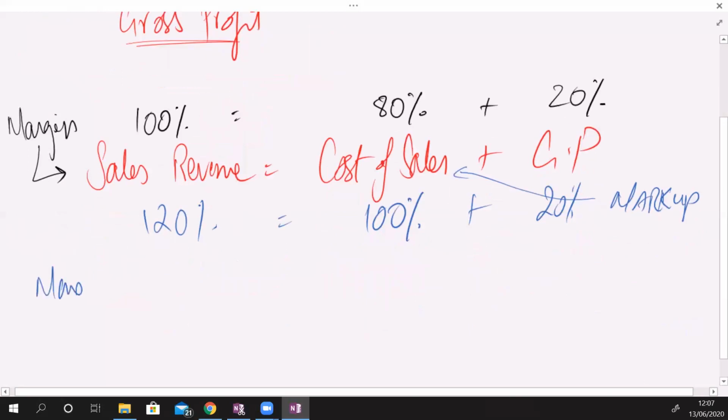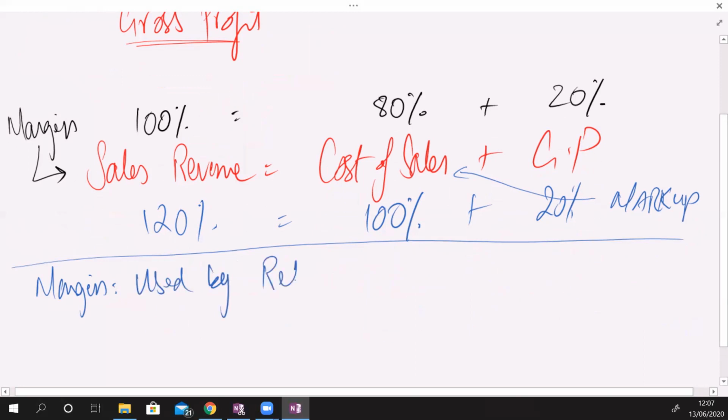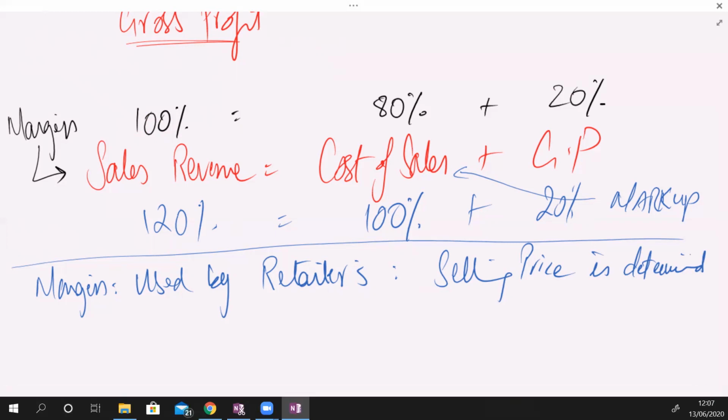Now the concept is, margin is used by retailers. Why? Because the selling price is determined. Like for instance, if I talk about retailers, let's suppose superstores.